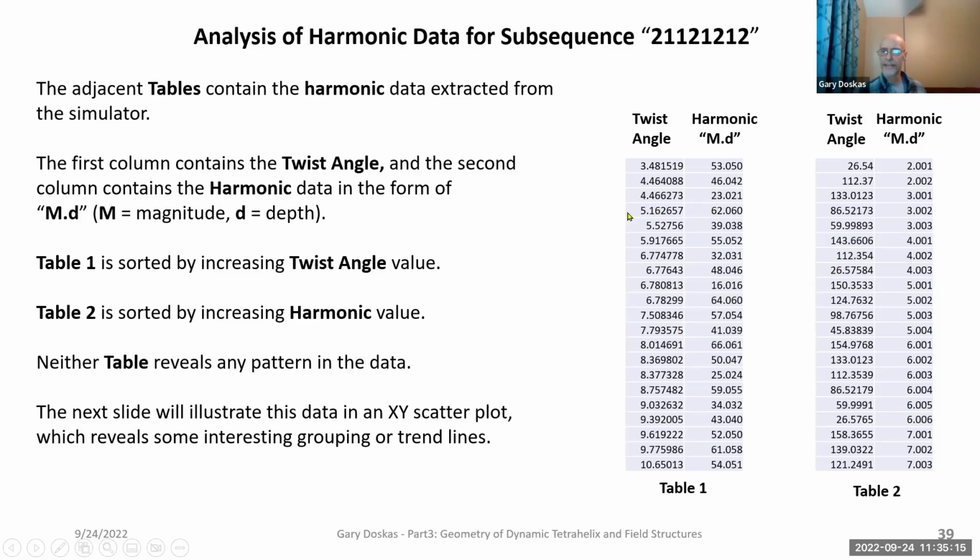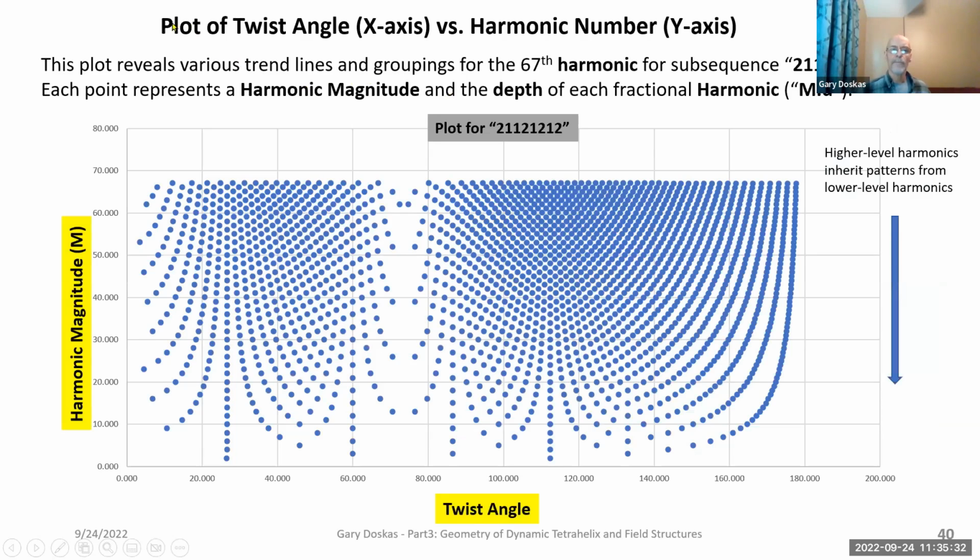Now at first glance, you can't make much of the data as far as any patterns or predictions. So in the next slide, I plotted this on an XY scatter plot, and it does reveal some interesting groupings and trend lines that stood out right away. This is a plot of the twist angle on the x-axis versus the harmonic number on the y-axis.